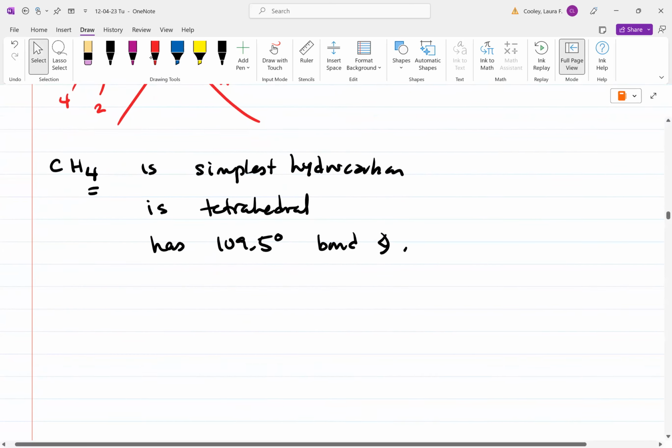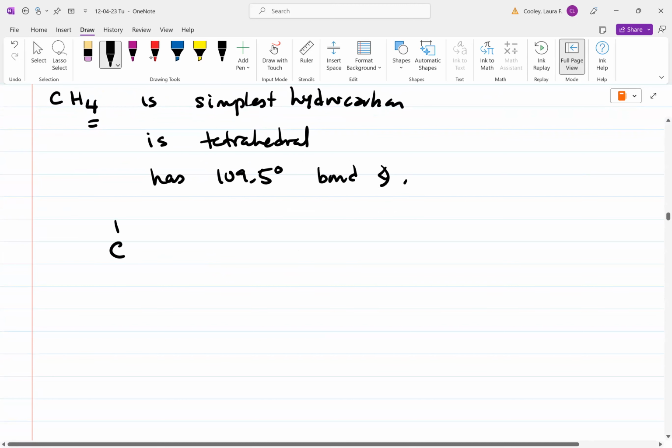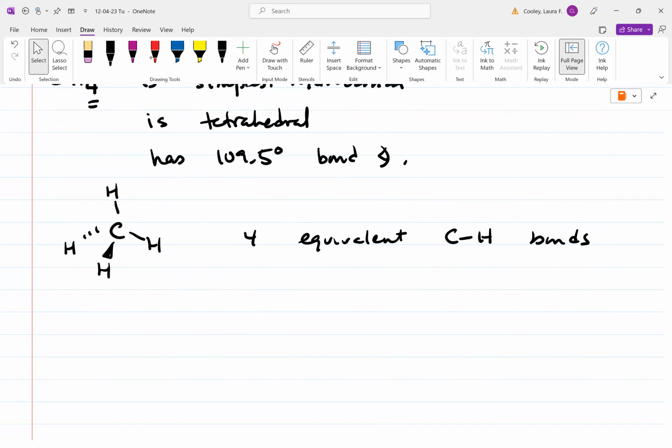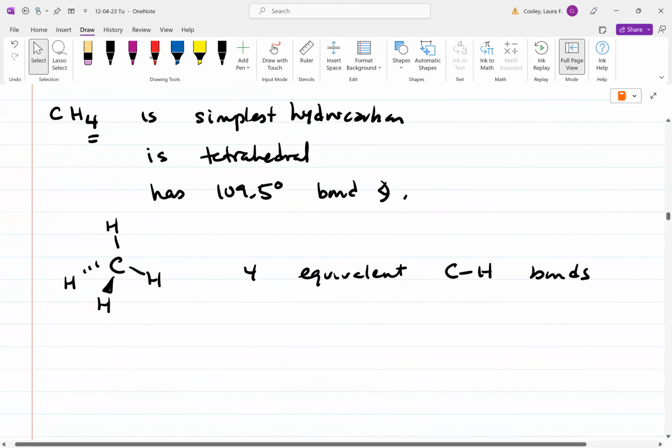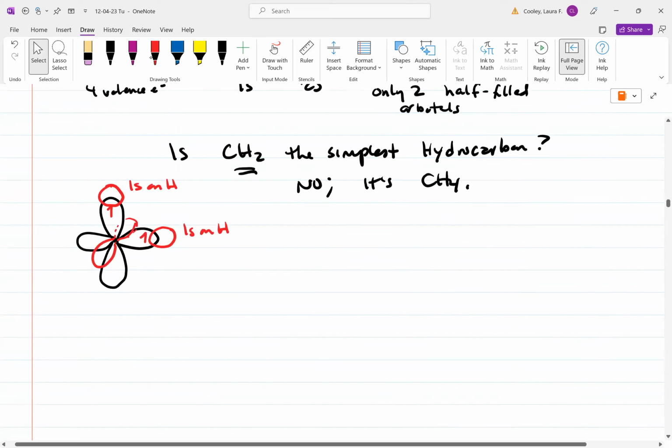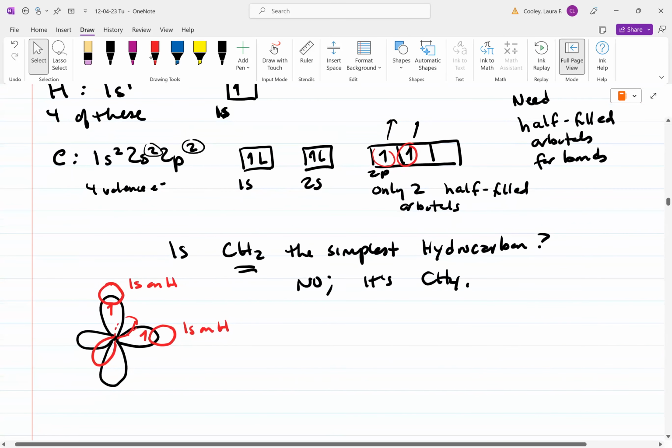We also know for CH4 from experiments that it has 4 equivalent CH bonds. Now, how are we going to get 4 equivalent CH bonds out of a situation where we only have 2 half-filled p orbitals?